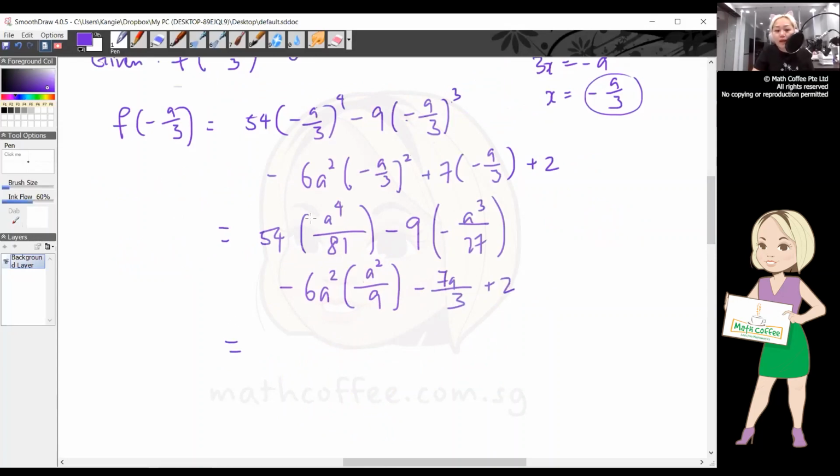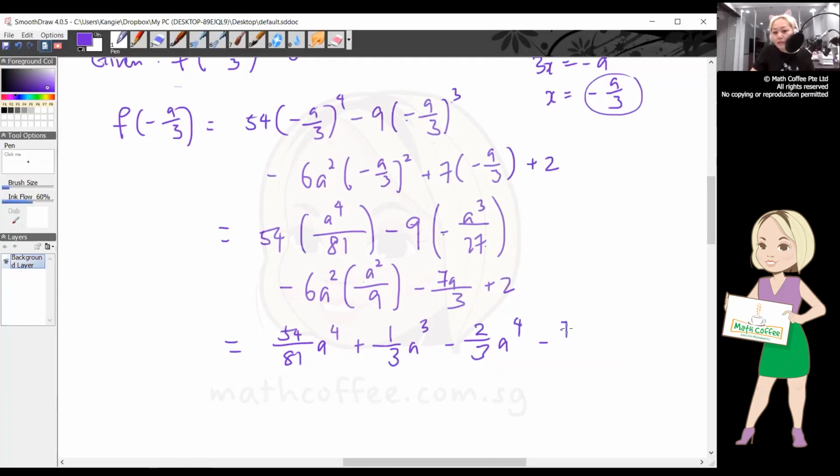So now let's simplify. I will get 54 over 81 a to the 4, minus minus, so it's plus 9 over 27, left with 1/3, so this one becomes a cubed. I don't like to put it on top, so I will put it as 1/3 a cubed. This one it's minus, I will get a to the 4. 6 over 9 is 2/3, so I will have minus 2/3 a to the 4.